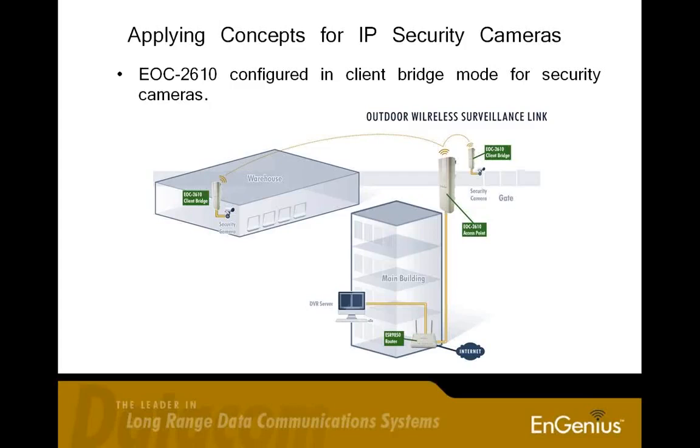So a lot of security specialists who like to see better range usually choose a device such as the EOC 2610 to give it longer range wireless capability. As you can see in this diagram, the security cameras will beam back to a central access point in the main building, which is wired down into a DVR server.